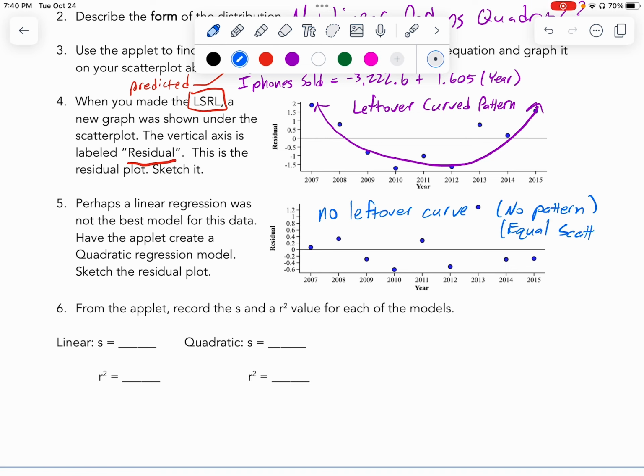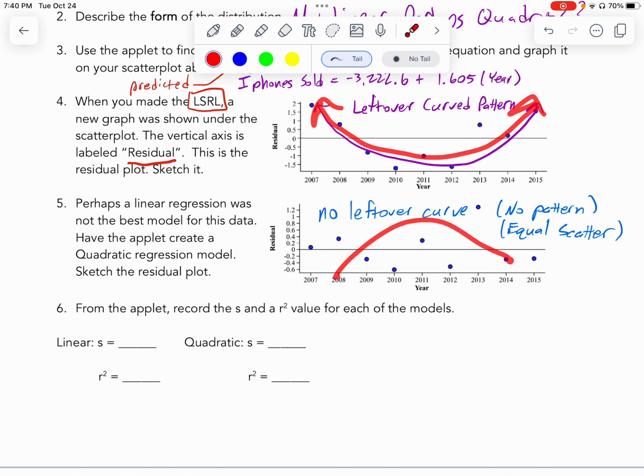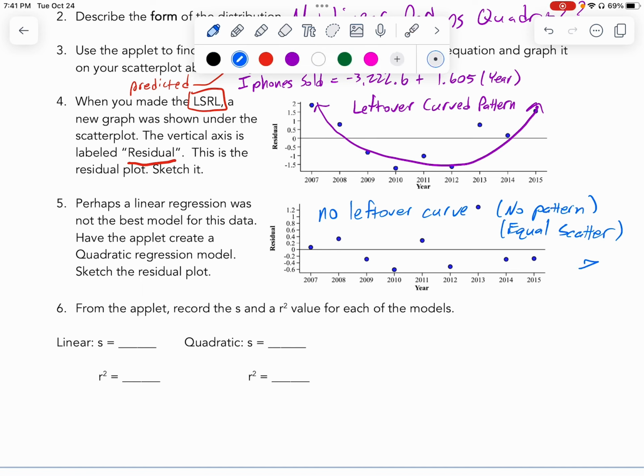There's really no pattern going on here whatsoever. I've got a couple above, a couple below. I can't draw a smiley face. Likewise, I can't draw a frown. There's no leftover curve, and that means this is a better model. Could put a star by this. This is a better model.